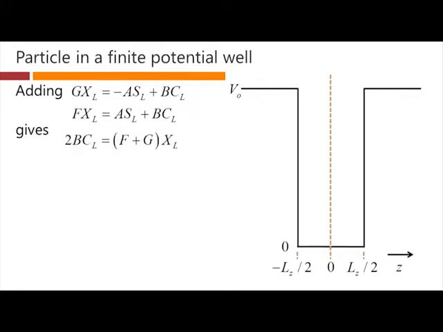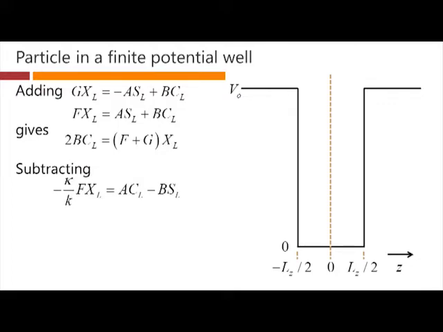So that would give us 2b cL, but these two terms would cancel. So I'm going to bring those over to the left here. Adding these two up, I'm going to put them on the left. And then adding these two up will give us f plus g times xL.